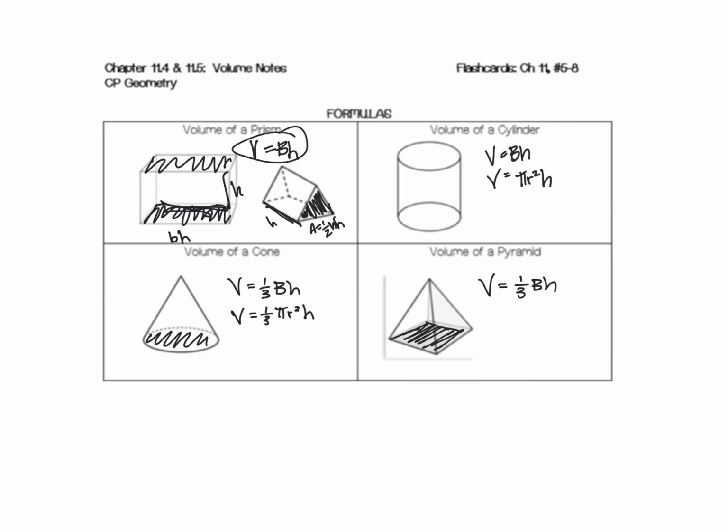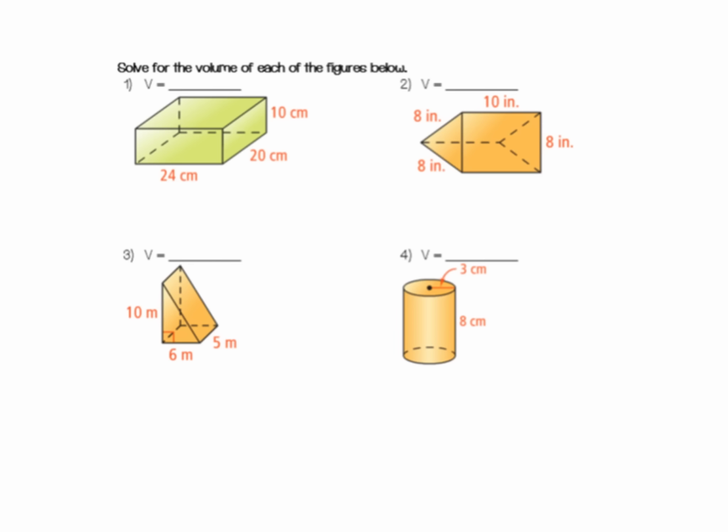Let's take a look at a few of our examples. For our first problem, we'll be using V equals area of the base times the height. The base here is this rectangle down at the bottom. To find the area of that, we'll take 24 times 20, and that gives us an area of 480.